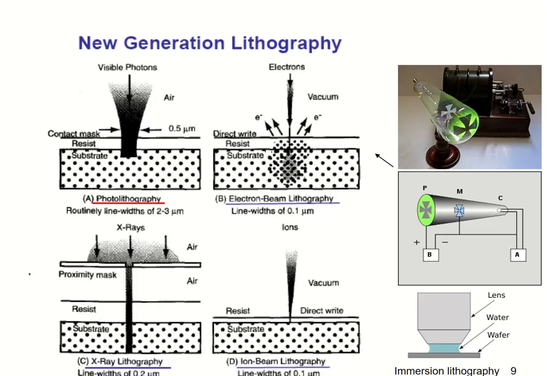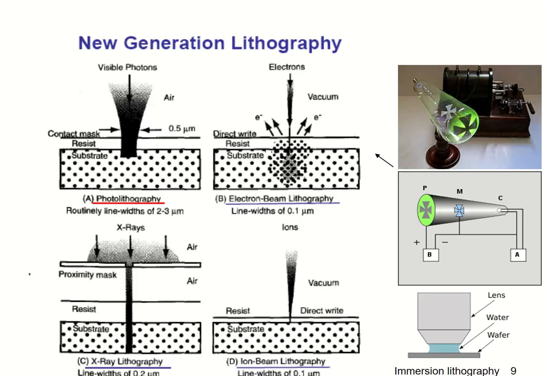For example, people started using electrons for direct writing. This is called e-beam lithography. Instead of using a photomask and copying the pattern of the mask directly onto the substrate, this is basically scribing the pattern with the e-beam, electron beams, right?